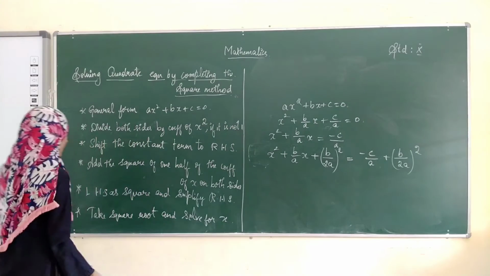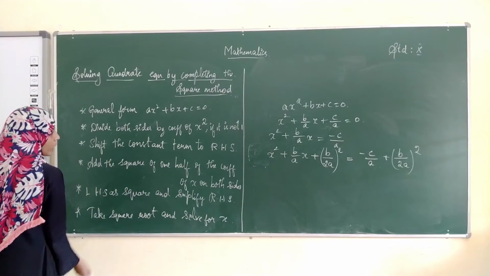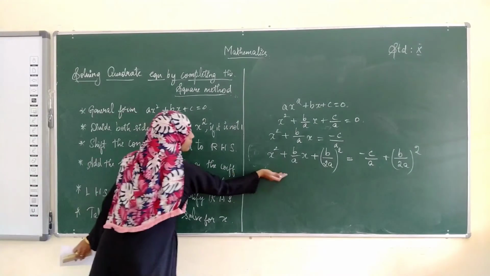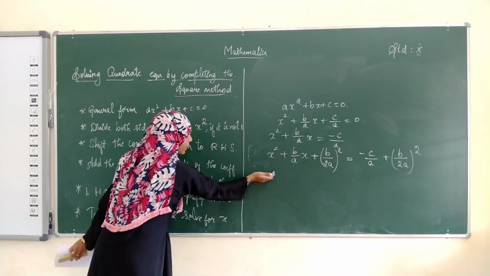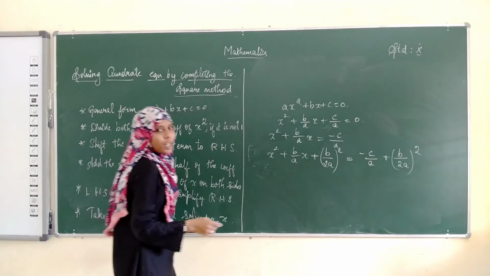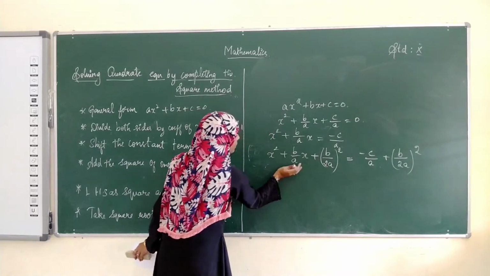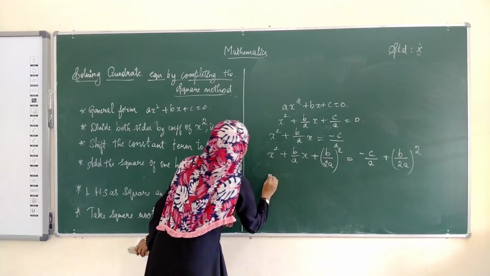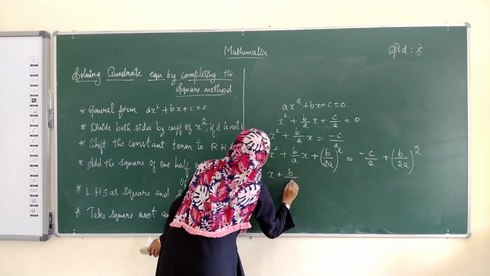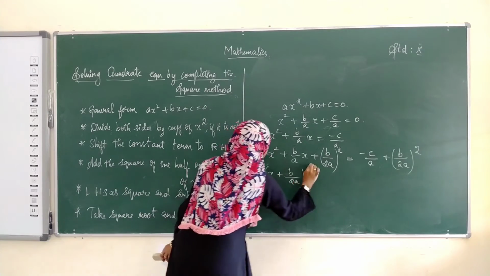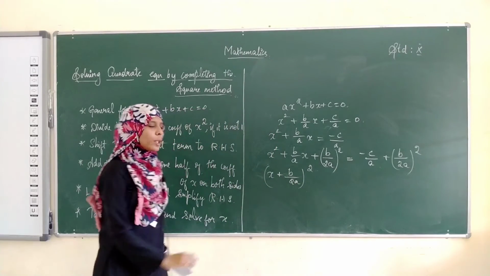Okay. Now, what we have to do? We have to make the left hand side a square term, and we have to simplify the RHS, that is the right hand side. So this term can be taken as x plus b divided by 2a the whole square. Isn't it? The a plus b the whole square formula.